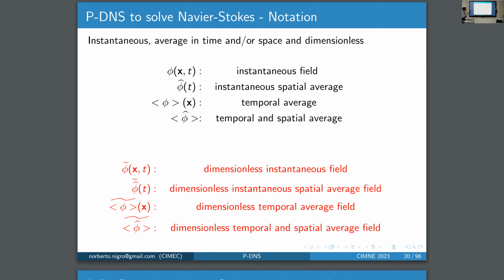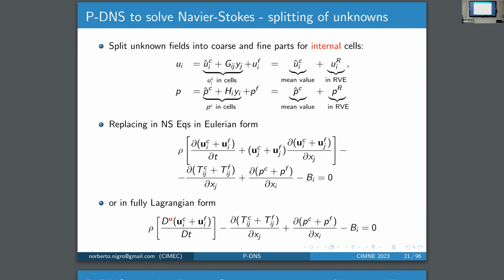I try to condense all the notation this way. It's probably not the only way, but it's my way. This is with dimensions, and this is dimensionless. When dimensionless, you have a tilde. So a tilde is dimensionless, a hat is spatial, and a wedge is temporal average.